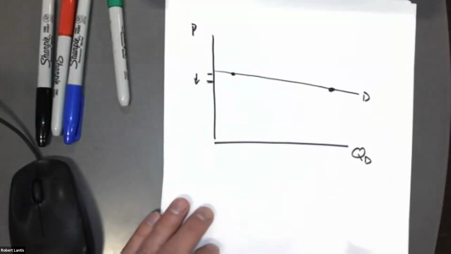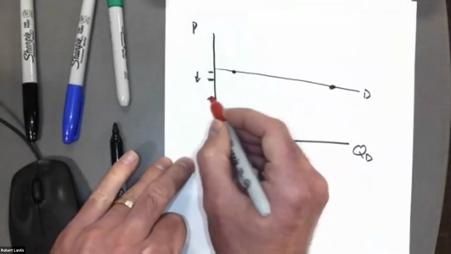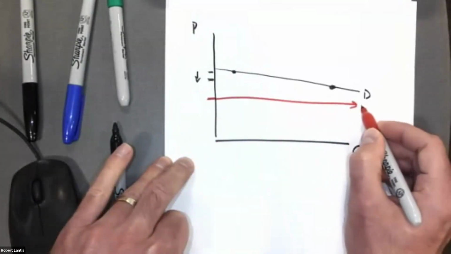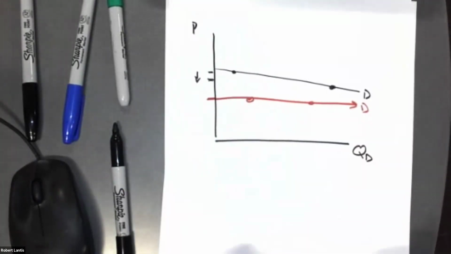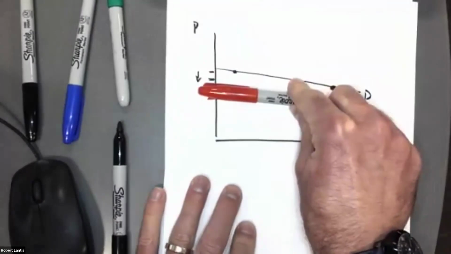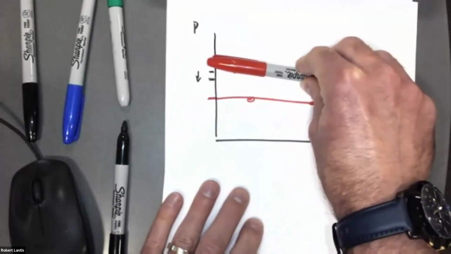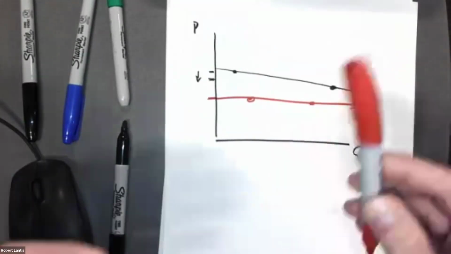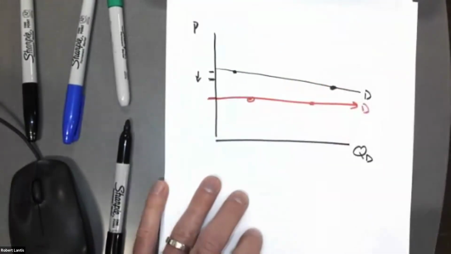Now, what is perfectly elastic? That would be if I saw no change in price, but people still changed how much they were buying. So if I had a completely horizontal demand curve, very elastic would be a really flat slope, and perfectly elastic would be completely flat.